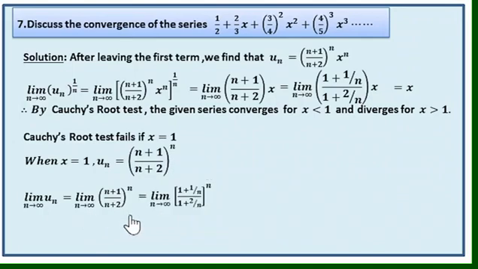Now inside the bracket take n outside from the numerator and denominator, and cancel n. So you have 1 plus 1 by n by 1 plus 2 by n whole power n. We can write it as limit of 1 plus 1 by n to the power n divided by limit of 1 plus 2 by n whole power n.